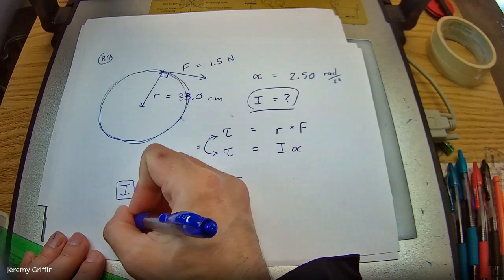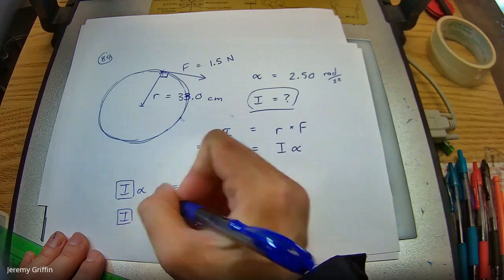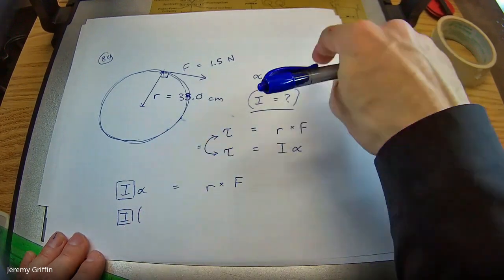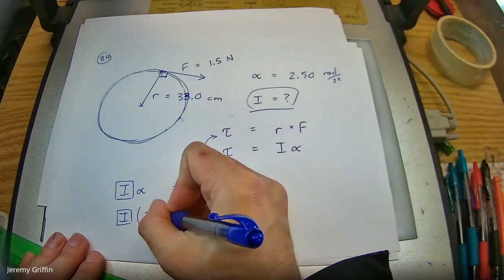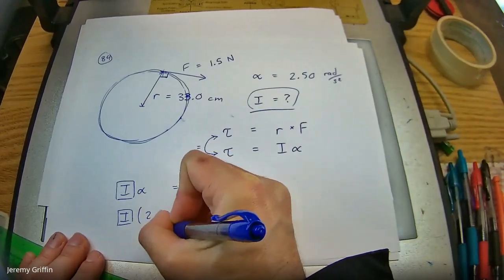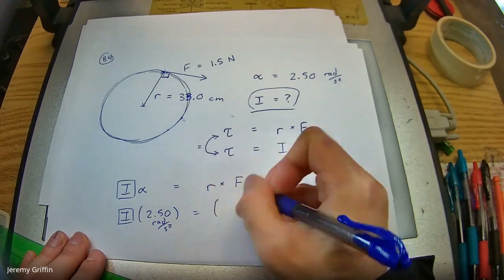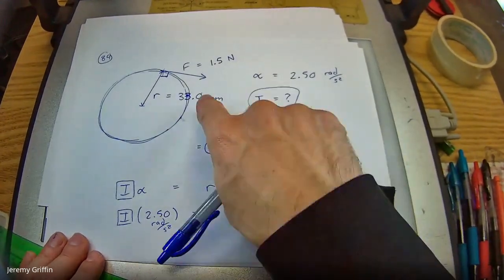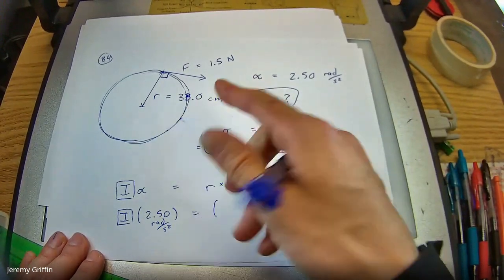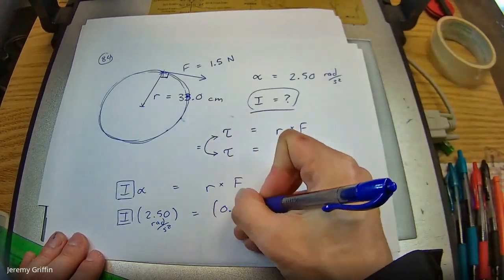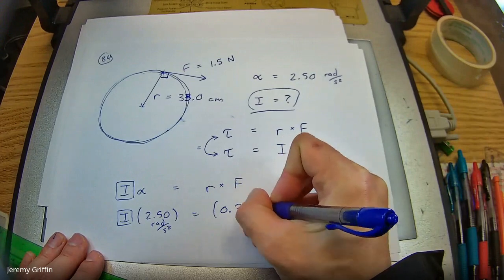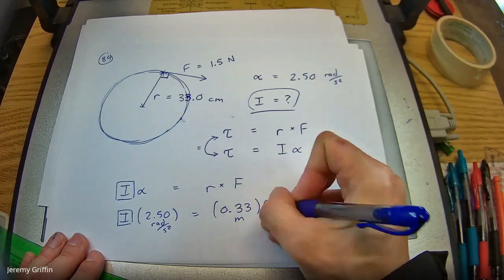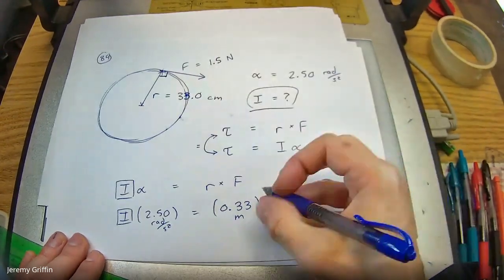Okay, so well, alpha was this many radians per second squared. That was given. R is this many centimeters. I'm going to convert that to meters, just so everything's in meters. So roll the decimal back 2 places, that many meters. And then the force is, say, so many newtons.